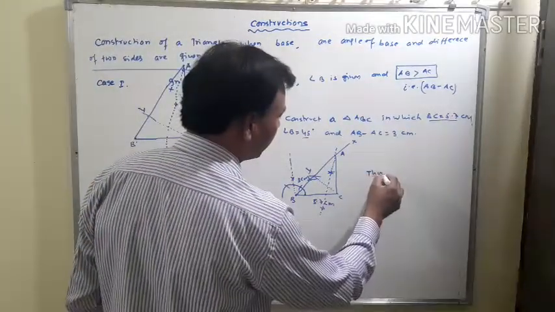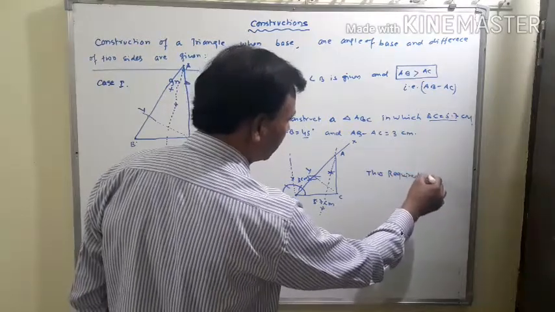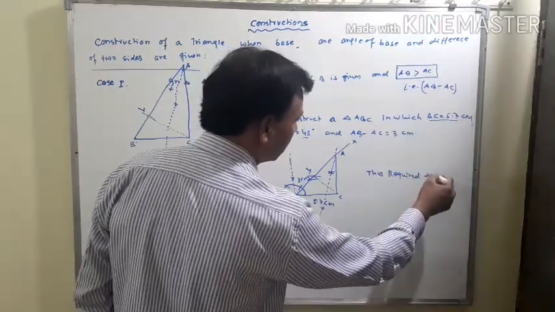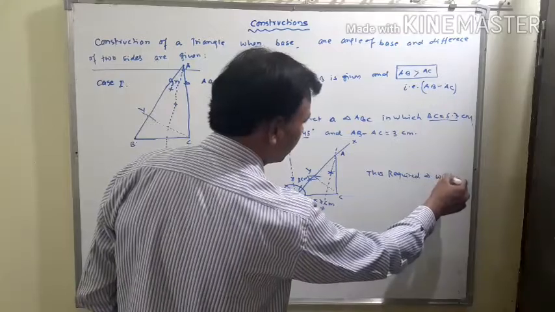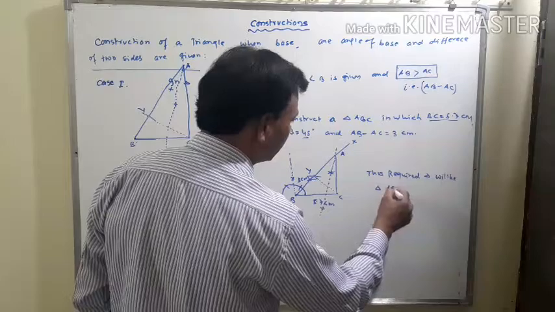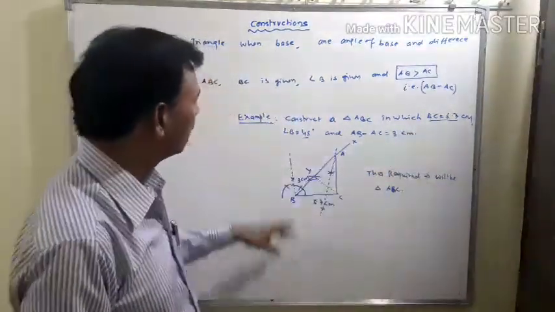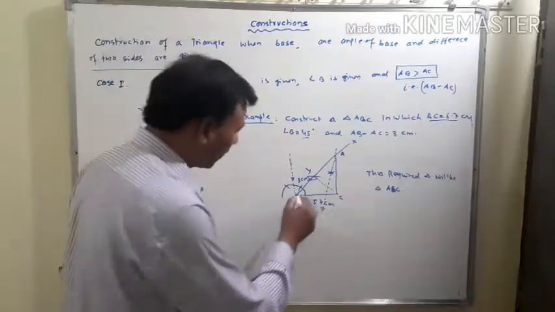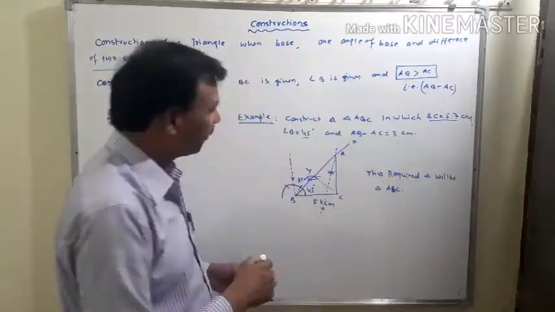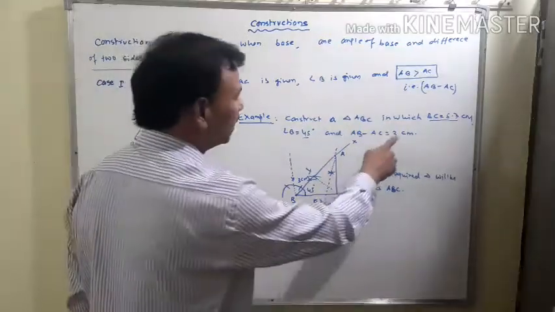Thus the required triangle will be triangle ABC, in which BC equals 5.7, angle B equals 45 degrees, and AB minus AC equals 3 centimeters.